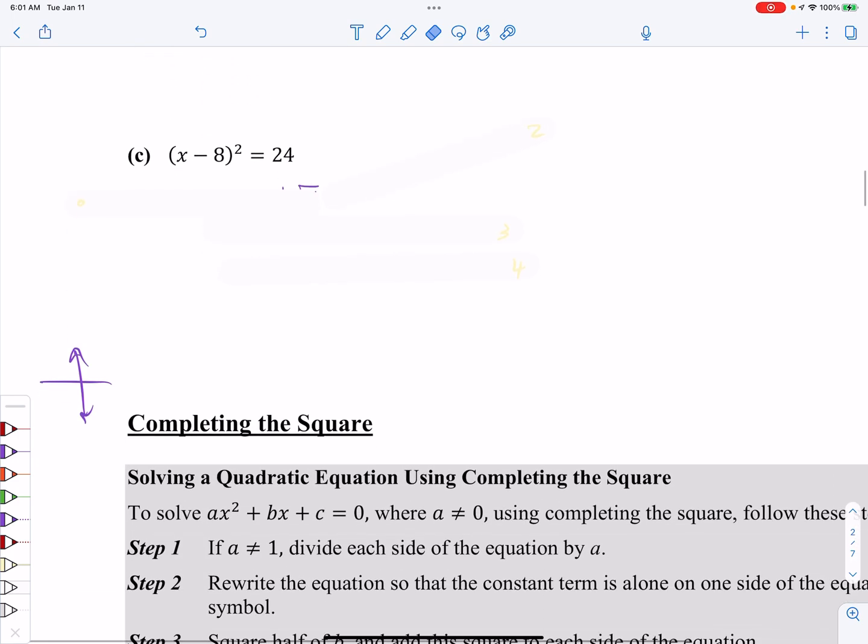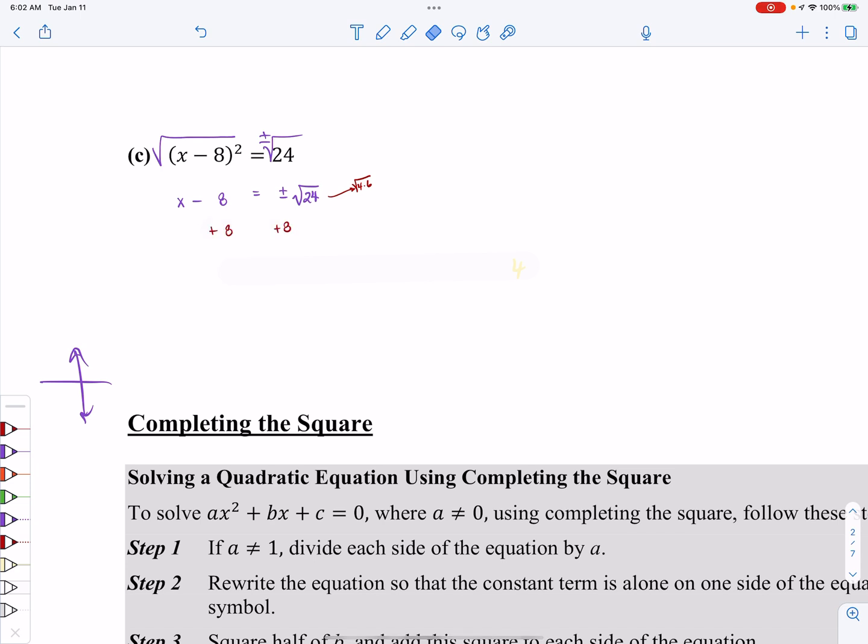All right, same concept here. Let's take the square root of both sides. Anytime you take the square root of both sides, don't forget your positive or negative. So then on the left side, we have just a plain old x minus 8 because squares and square roots undo each other. On the right side, we have a pos or neg square root of 24, but we know that 24 can break down into a 4 times a 6 because 4 is a perfect square.